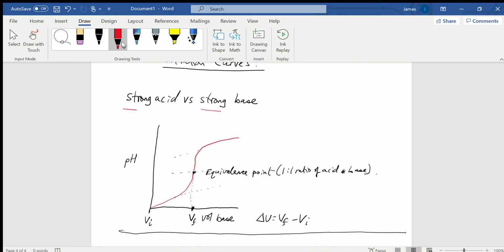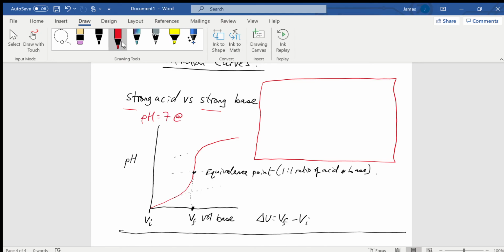Let's have a look at the pH at the equivalence point. So I'm going to show you that the pH is 7 at the equivalence point. So why is that? Let's take a generic expression for the acid and base.